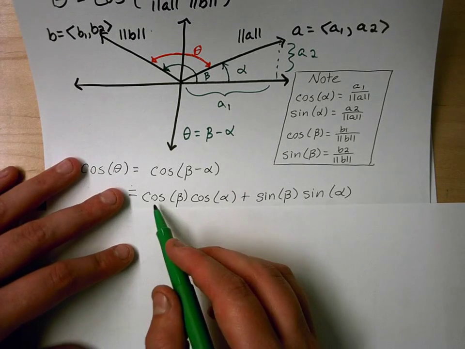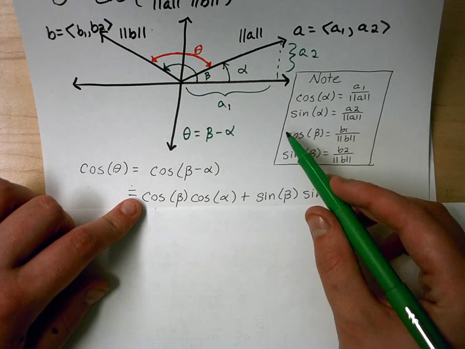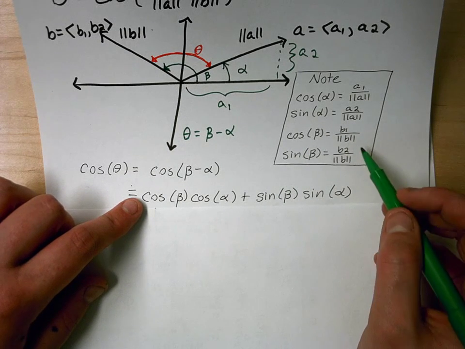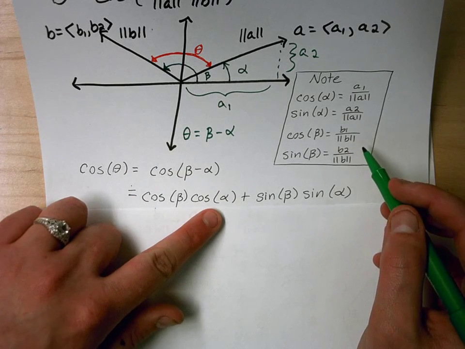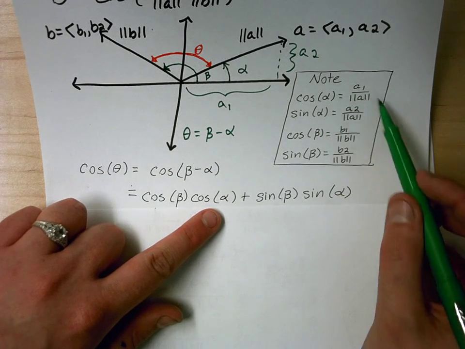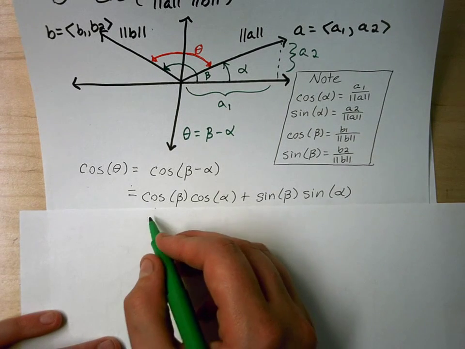Now if I substitute in for cosine of beta, I'm going to substitute in B1 over the magnitude of B. For cosine of alpha, I'm going to substitute in A1 over the magnitude of A. So let's go ahead and write that down right here.